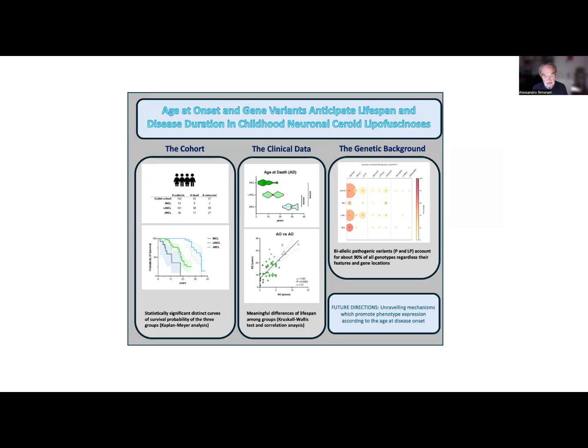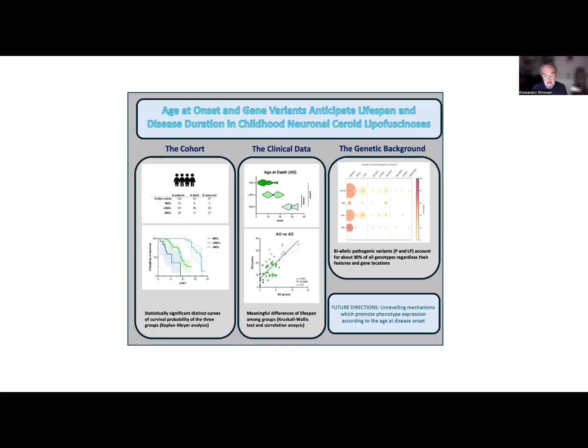Selected clinical features, age at onset, disease duration, age at death, were assessed by descriptive statistics and significance level measured by non-parametric tests. The pathogenicity of the individual genotypes was categorized following the guidelines of the American College of Medical Genetics. The median age at onset of the whole cohort was 4 years.